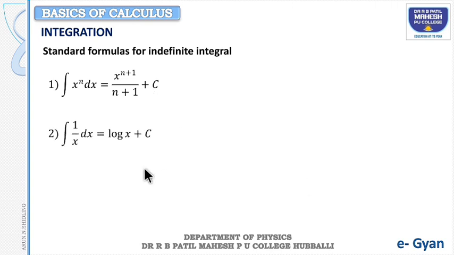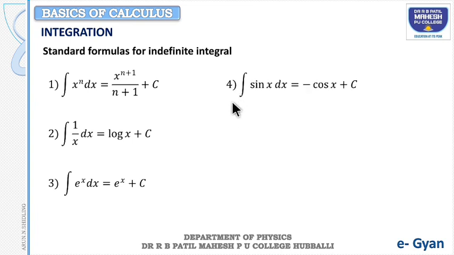Next will be integration of 1 by x dx equals log x plus c. Again c is the integration constant. Next, integration of e to the power x dx equals e to the power x plus c.